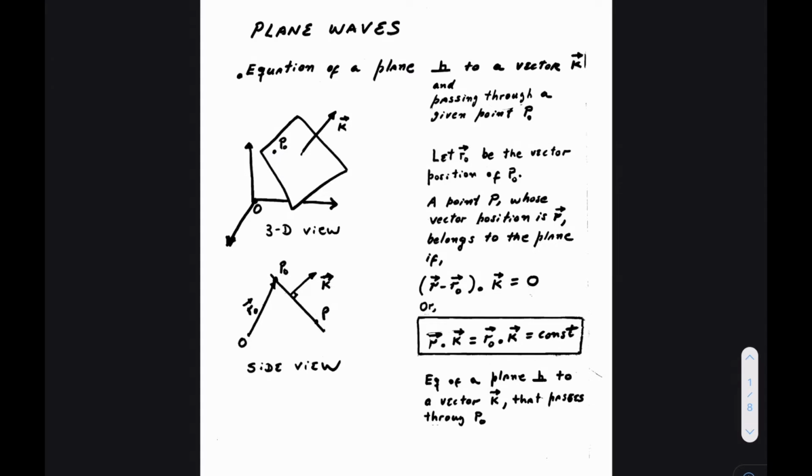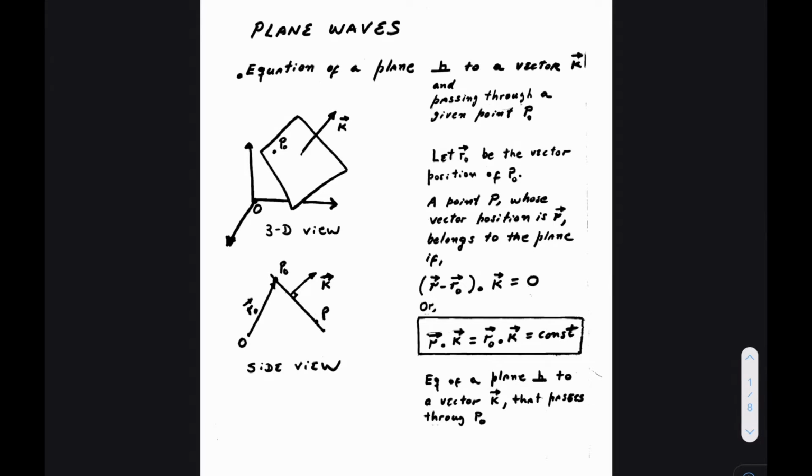And this vector is perpendicular to the k vector. So we can write that the dot product of this R minus R0 vector with k is equal to 0, as they are normal to each other.